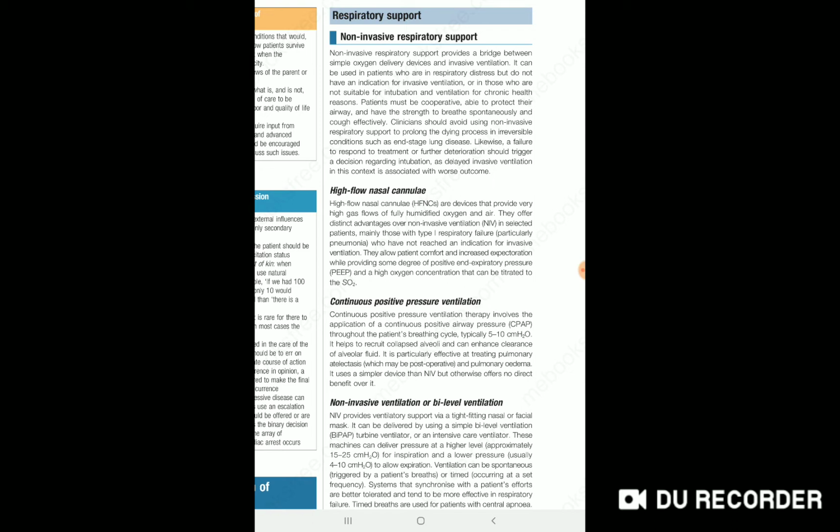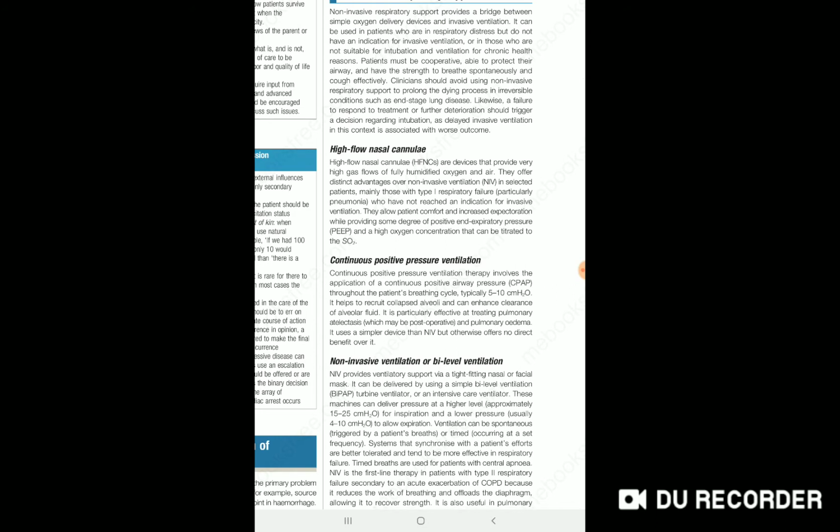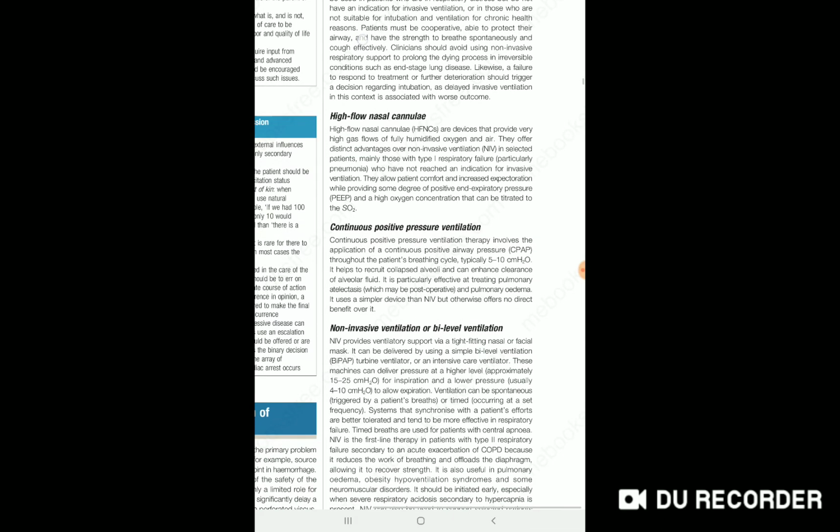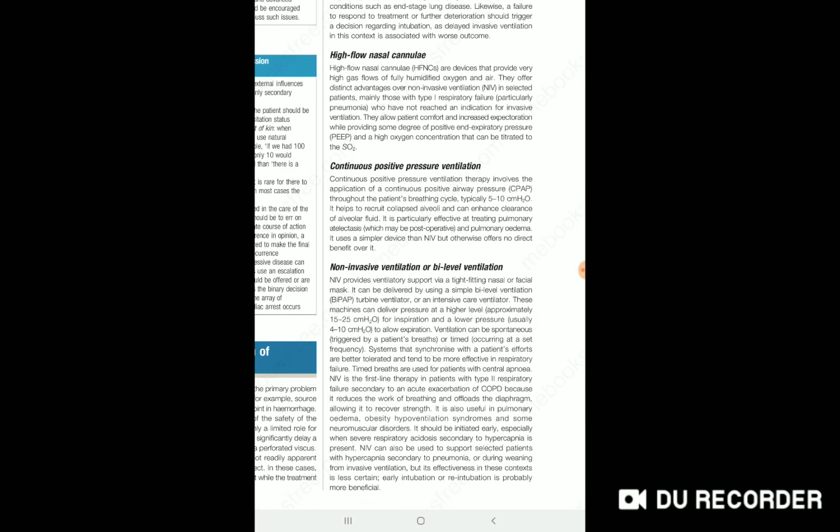In that case, you give continuous airway pressure during the whole cycle, usually 5 to 10 centimeters of water. It is usually given in pulmonary edema. And we can give non-invasive ventilation at bilevel. At the inspiratory level, we give pressure around 5 to 15 centimeters of water, and at expiration 4 to 10 centimeters of water.